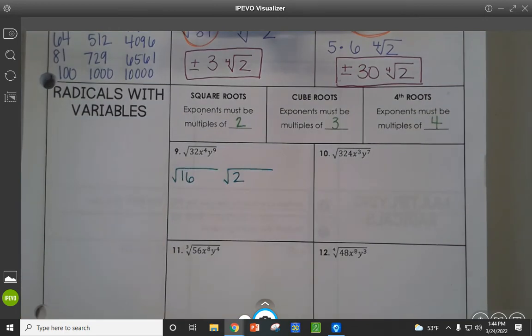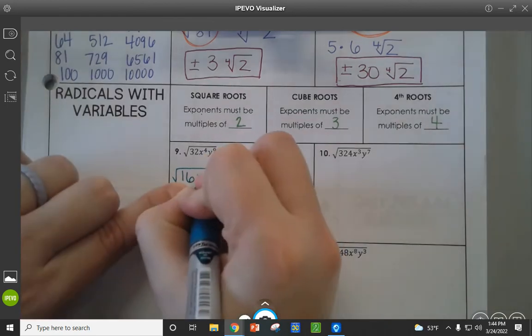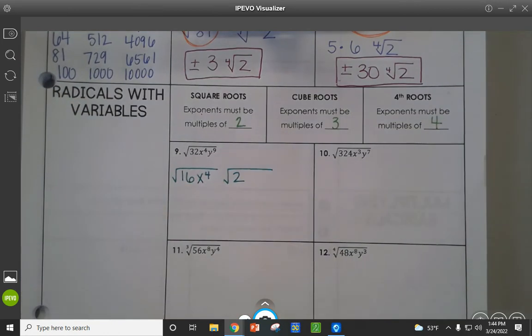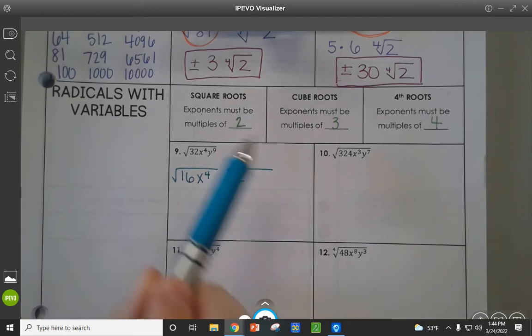Then look at your next variable. Is x to the 4th a perfect square? Yes, so that entire thing can stay over here because we're going to keep one side of all perfect squares, and then the other root over here is just going to be your leftover stuff.